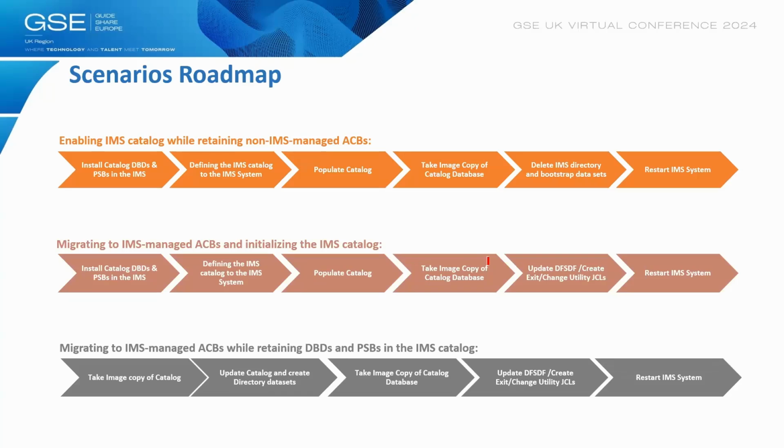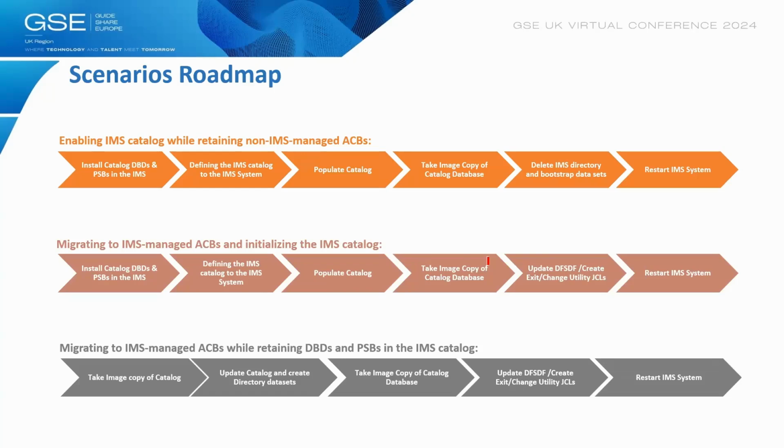In the upcoming slides, we will delve into each of these scenarios in detail, highlighting the common steps with the slight differences for each scenario. However, if you look at scenario one and scenario two, where the IMS catalog is not yet initialized, you first need to install the IMS catalog DBDs and PSBs in IMS, and also define the catalog to the IMS.